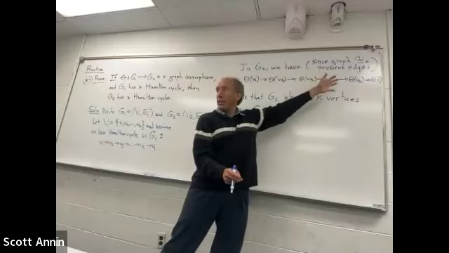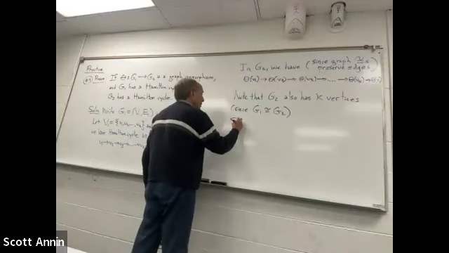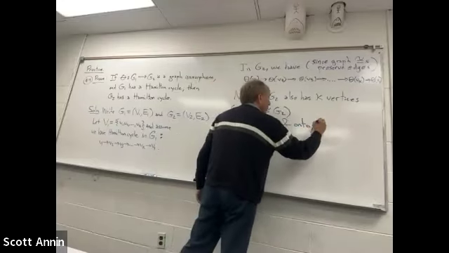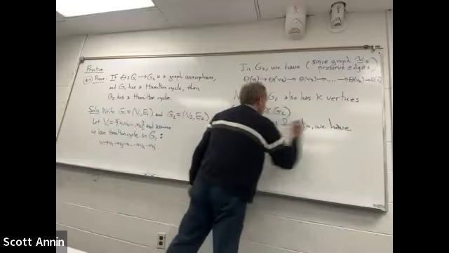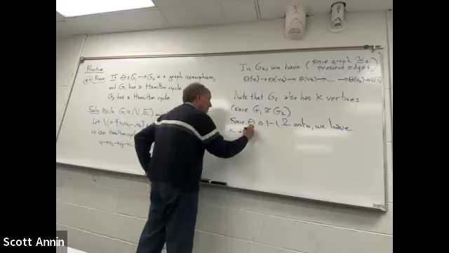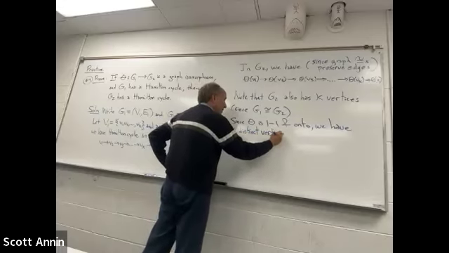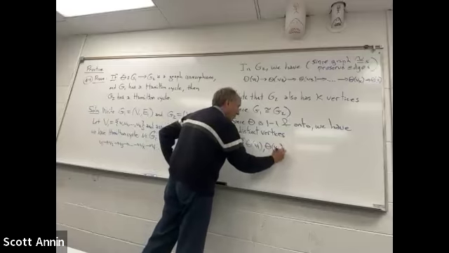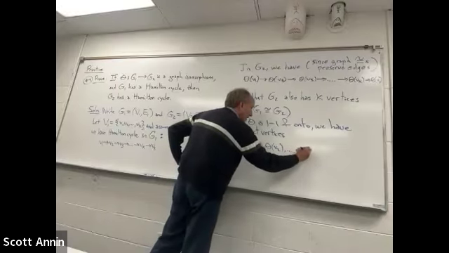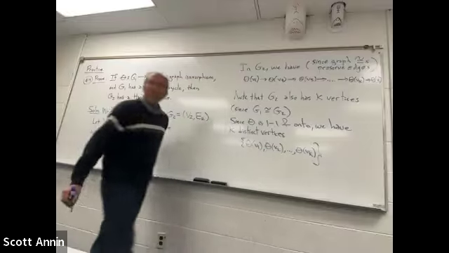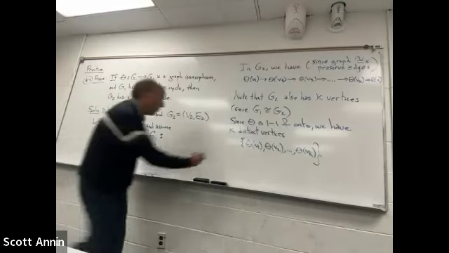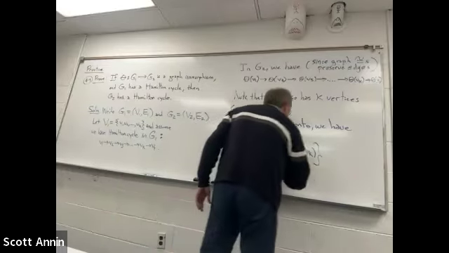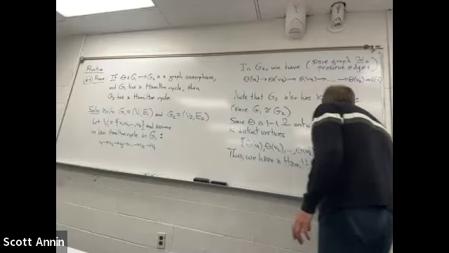So I'll say since theta is one-to-one and onto, we have k distinct vertices, which are theta of v1, theta of v2, dot dot dot, up to theta of vk. And thus, we have a Hamilton cycle. Every vertex has been listed in that cycle that we wrote.